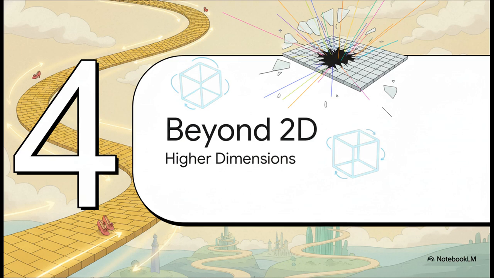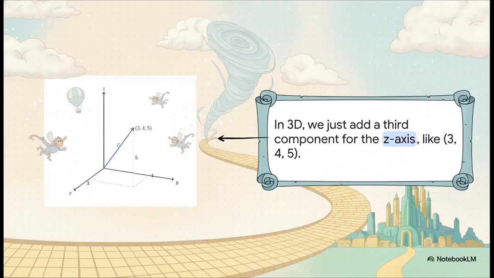So we've pretty much cracked the code for 2 dimensions. But the real power of vectors, the reason they're everywhere in STEM, is that they let us go way beyond what we can just sketch on a piece of paper. Moving up to 3 dimensions is pretty much what you'd expect. We just add a third number for that z-axis, coming out of the page. So the point 3, 4, 5 just means go 3 in the x direction, 4 in the y, and 5 in the z.